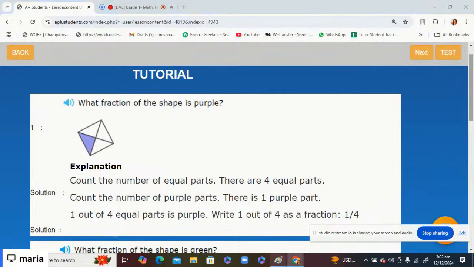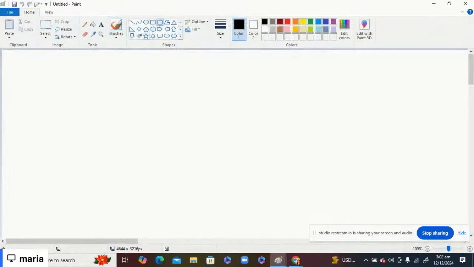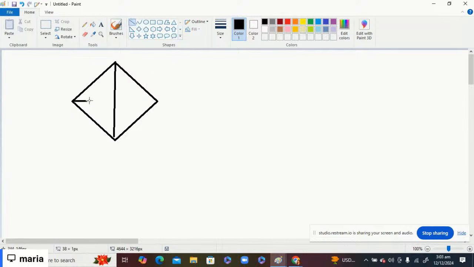Let's suppose, for example, I draw this shape here, and one part is red. How can we say that? First of all, in the denominator, we put how many total parts there are.